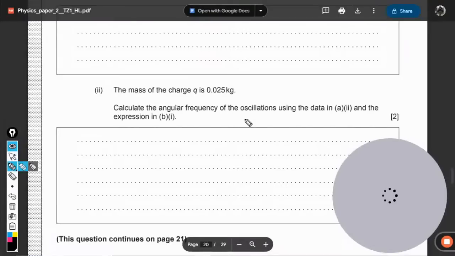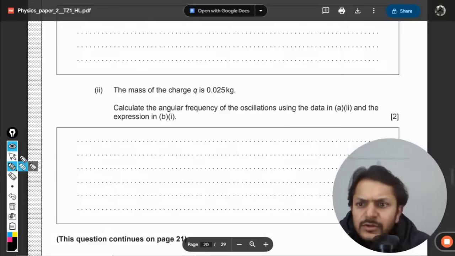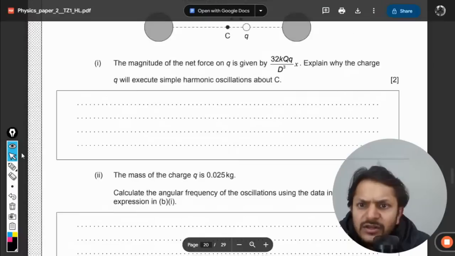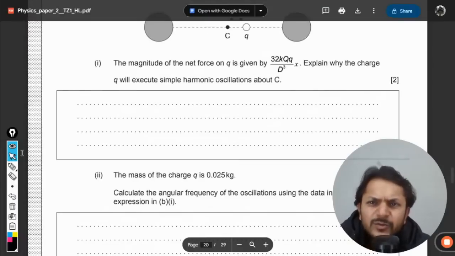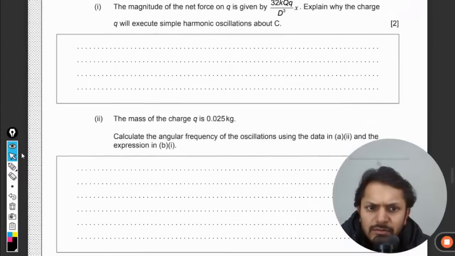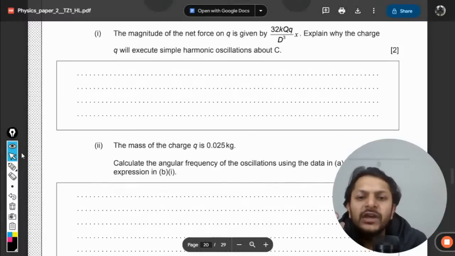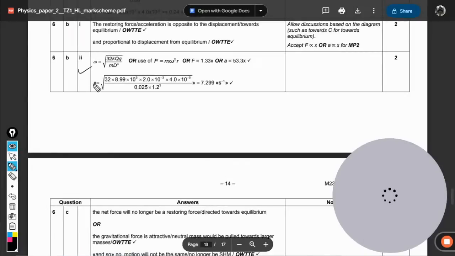Calculate the angular frequency using the data in A2 and the expression in B1. Okay, so basically you want to find the angular frequency, so that we have already done.